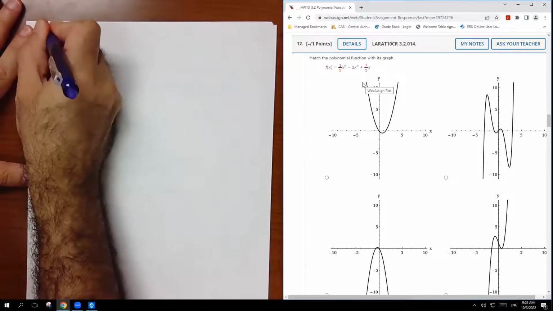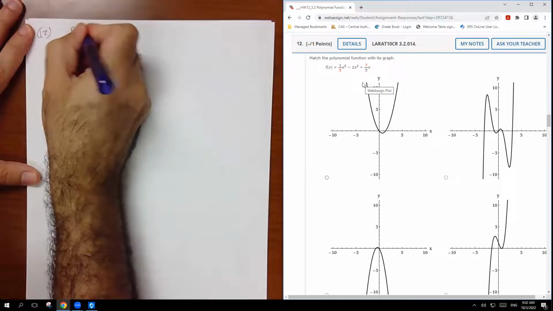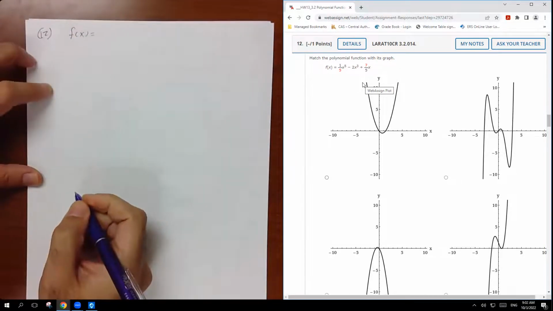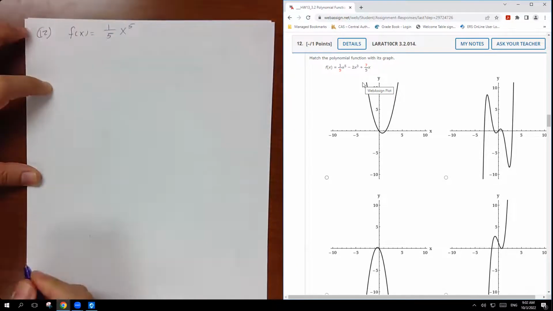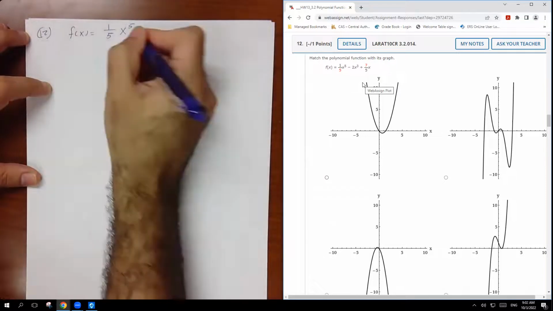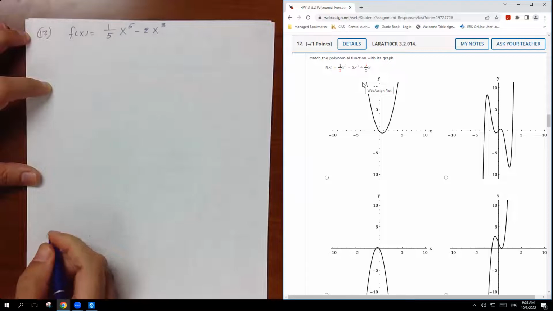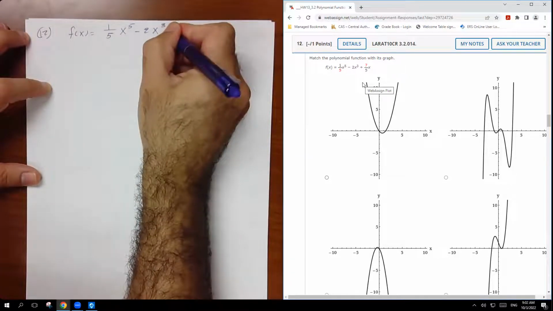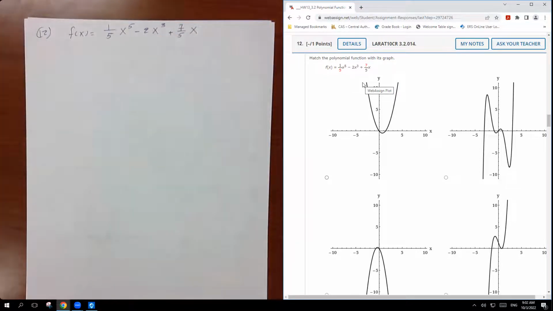So 12, we have f(x) equals 1/5 x to the power 5 minus 2x cubed plus 7/5 x. You're going to say, oh, this is a fraction. I know you hate a fraction, but let's check how we're going to work on it.